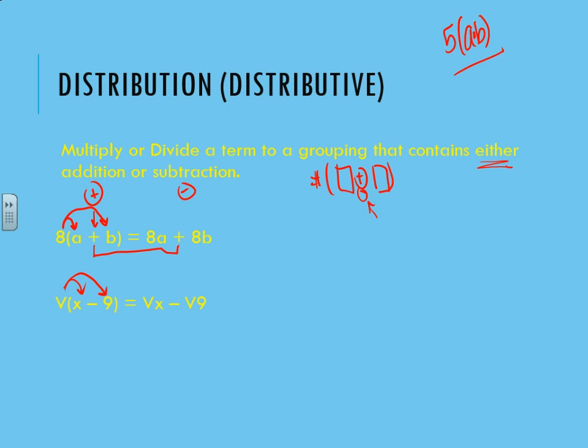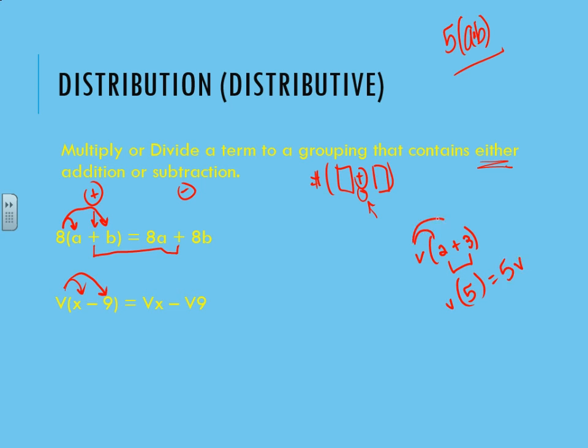And just so you know, we often use distribution when one of these terms or both of them are variables inside the parentheses. If you had something like v times 2 plus 3, you certainly can distribute. However, if you can simplify this, it's just 5, and that would tell you this was 5v.